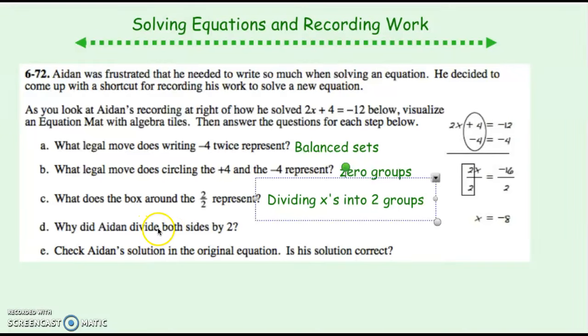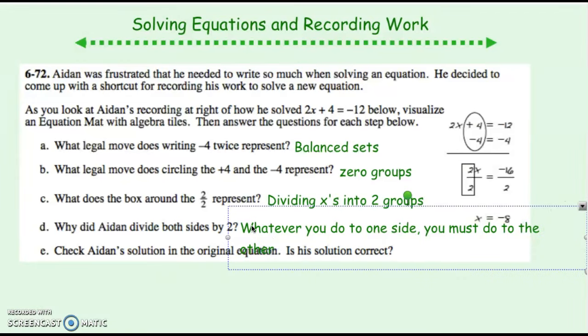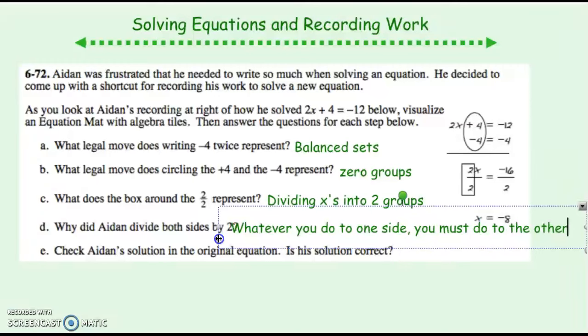Why did Adrian divide both sides by 2? That goes back to what we've talked about all year. Whatever you do to one side, you must do to the other. So any operations you do to one side, you have to do to the other to make them remain equal.